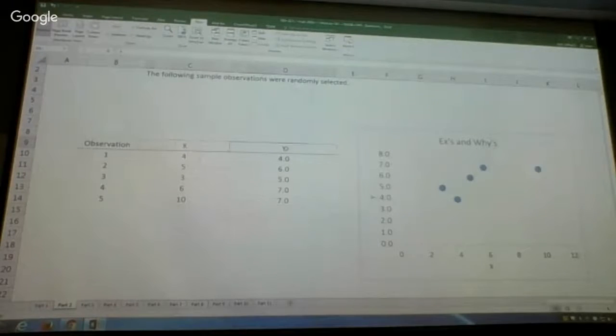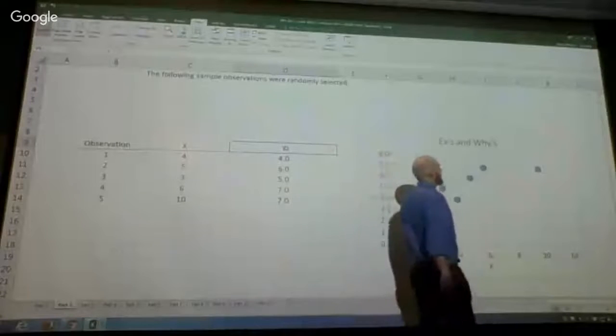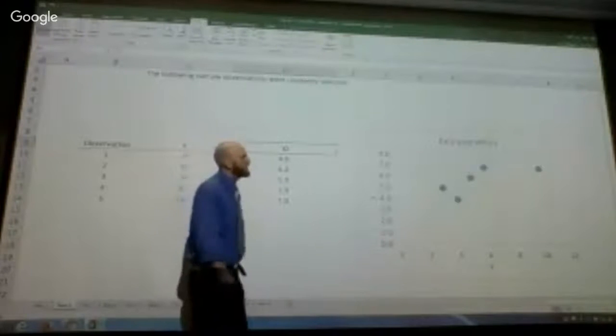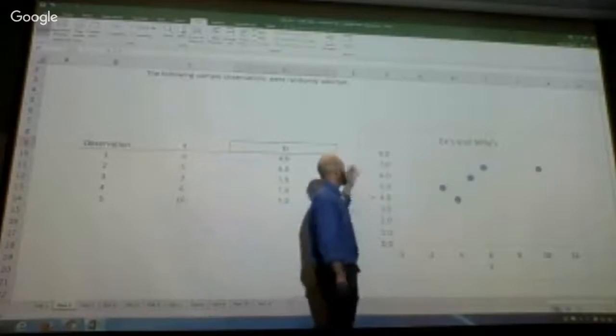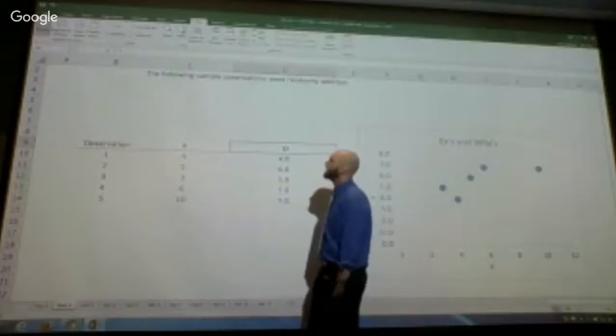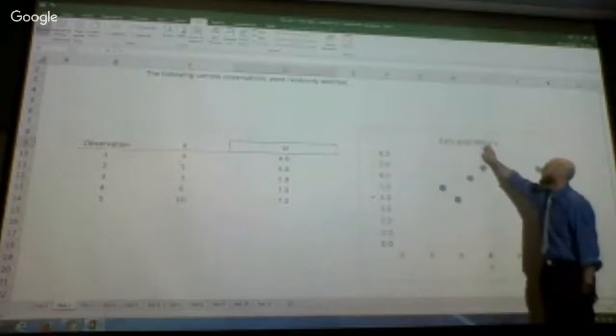We have x variables and we have y variables. We have x and we have y, and we have a scatter plot here. We need to know which one is the independent variable, and that's along the horizontal axis, and one of them is the dependent variable, it's along the y-axis. In this case, I think problem 2 is just called a pun, x's and y's.